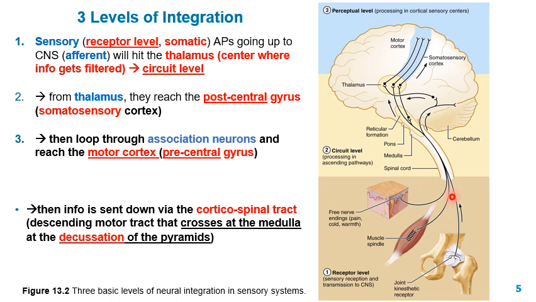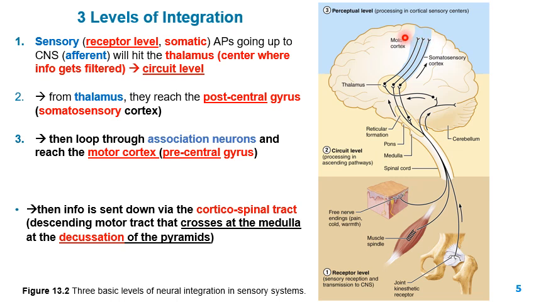So you're going to conduct it to the CNS, right? And here, after these afferent signals get to the thalamus, you are going to decide on sending the signal to your somatosensory cortex. Remember, this is the gyrus that is after the central sulcus, so it's the postcentral gyrus, right?